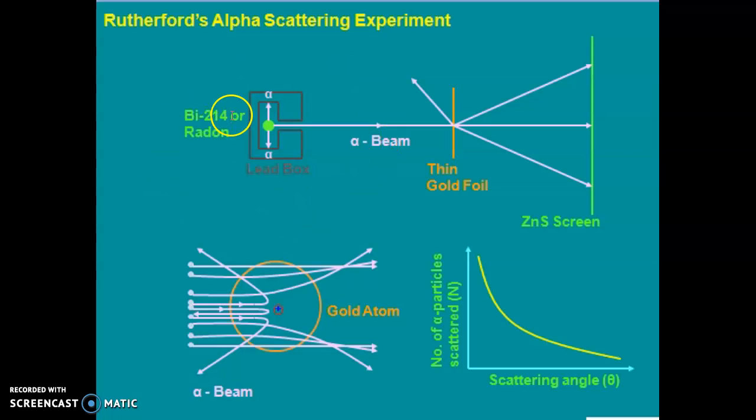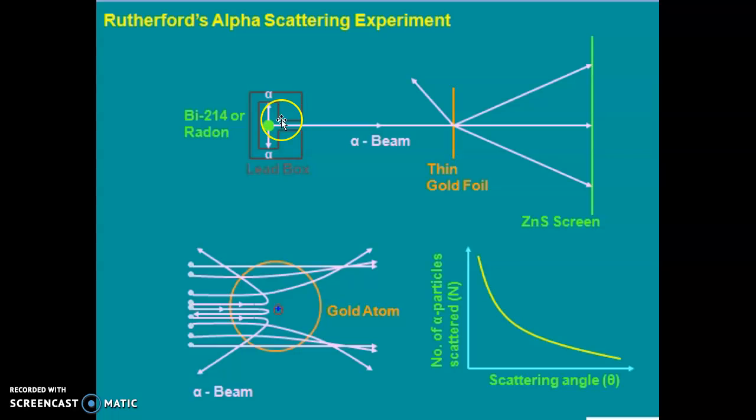That's why we use a lead box, and here is a small slit through which only a single beam of alpha particles can escape. Inside this lead box there is a radon sample which can emit alpha particles.